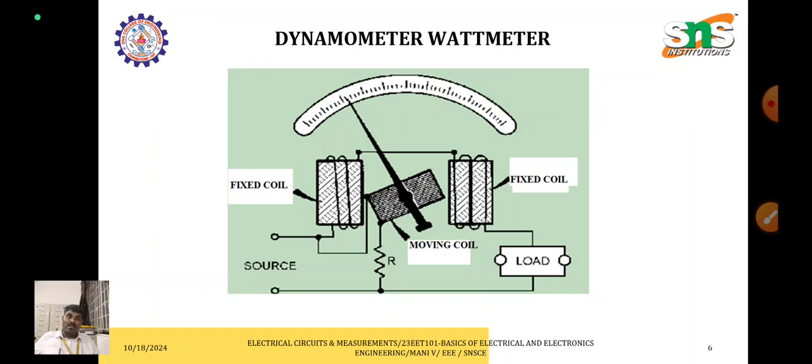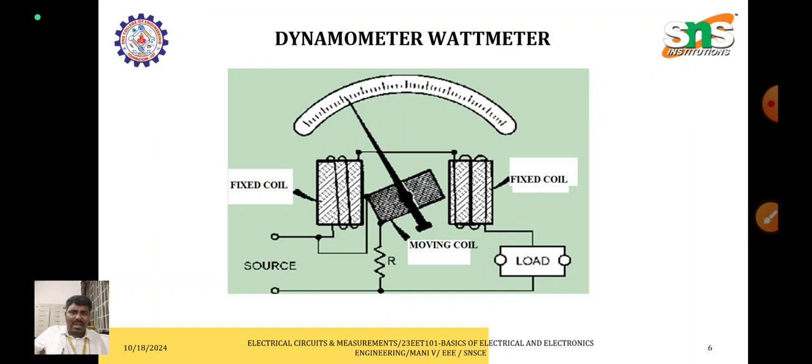But the moving coil, or voltage coil, has more turns and very thin wire. If the voltage coil has more turns, the resistance is high, and the thickness is less. If the area is less, the resistance will be high, so the moving coil has a high resistance value.